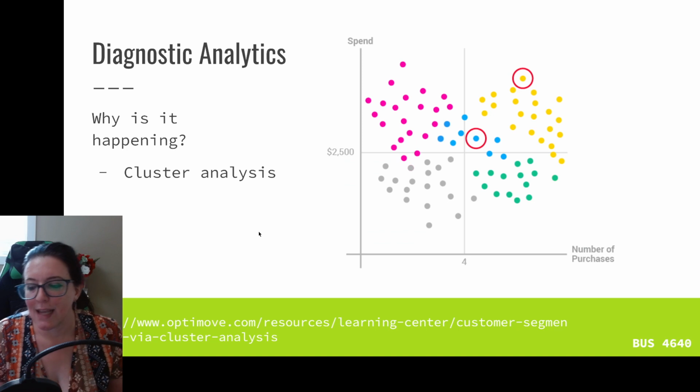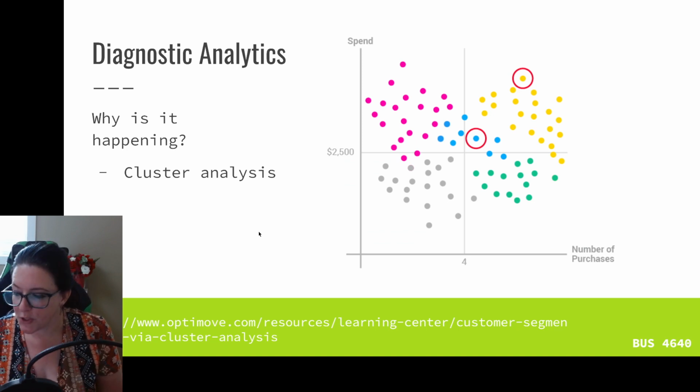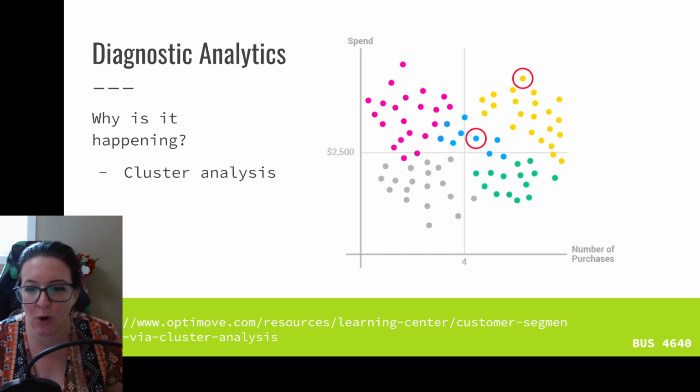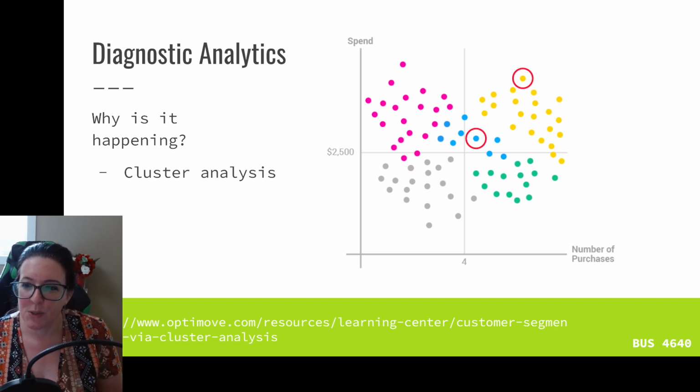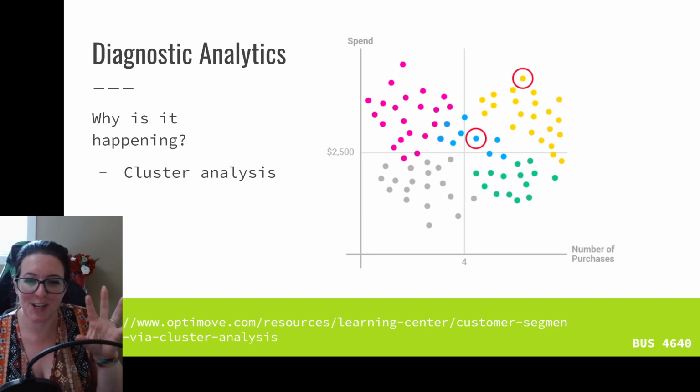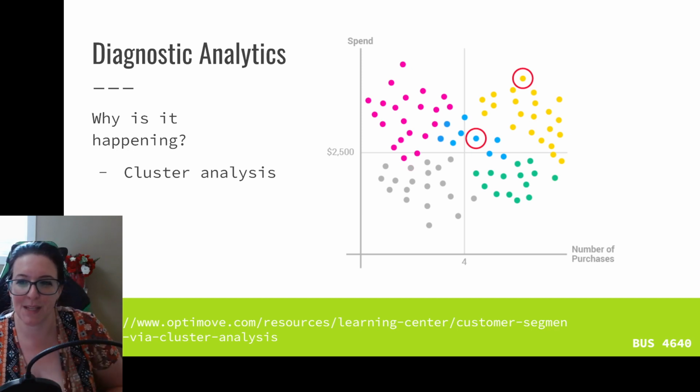So in diagnostic analytics, one thing you might do is cluster analysis. So can we identify specific cohorts or groups of people? So maybe this is our graph and we're looking at who spends the most money. How many times do people purchase when they do buy from us? So how much they spend each time, how many times they purchase.